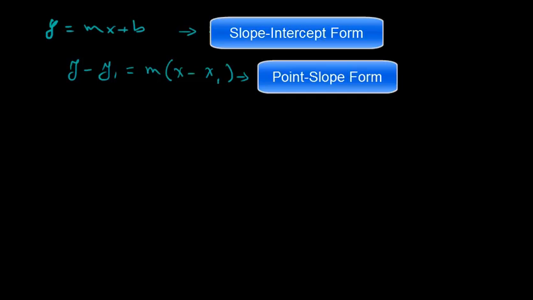There is a third way of writing an equation, and that is standard form. In the standard form, we have the formula ax plus by equals c.